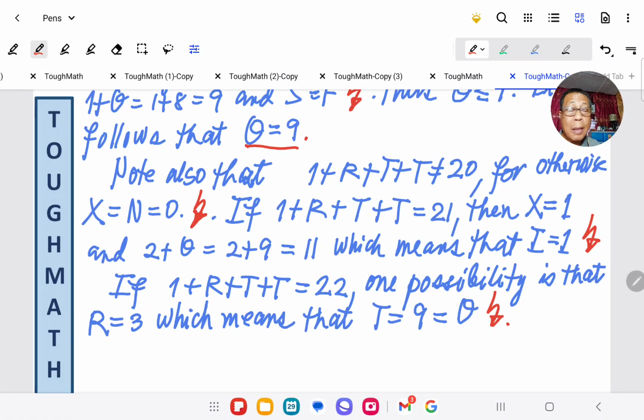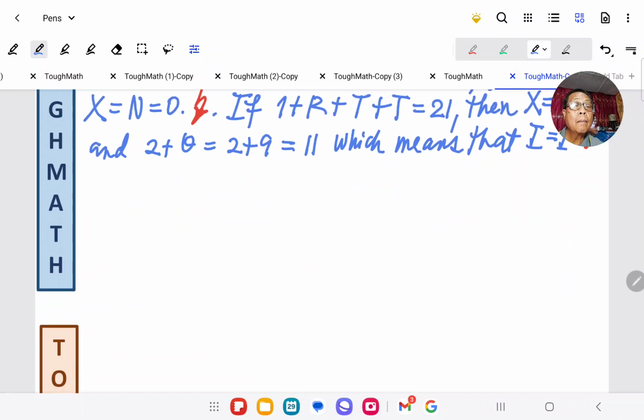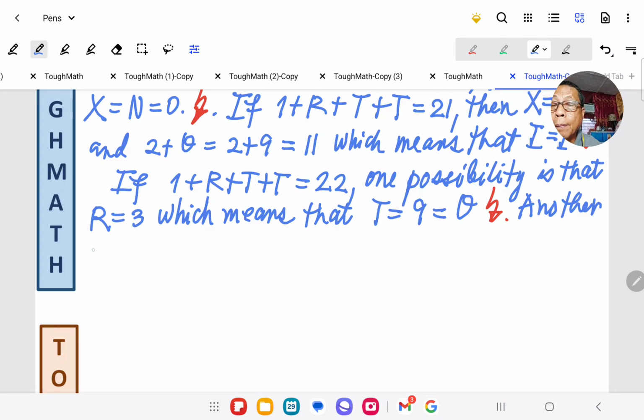So let's consider another possibility. Another possibility is T equals 8.